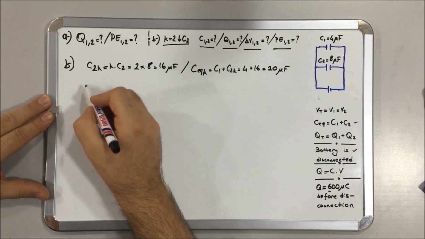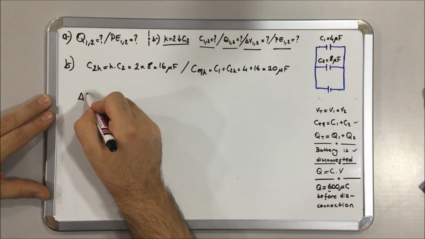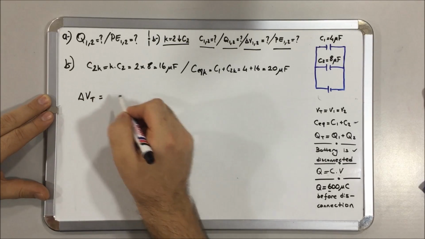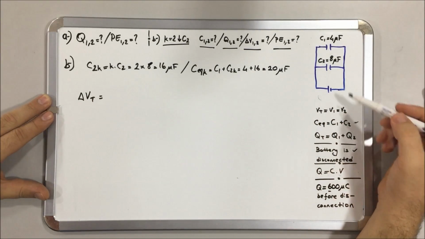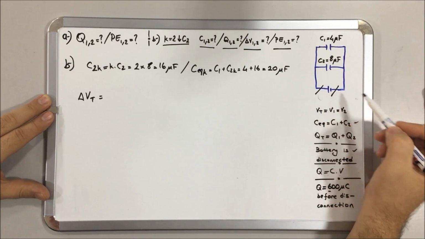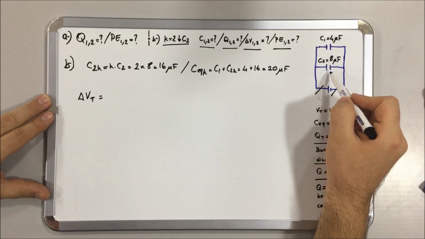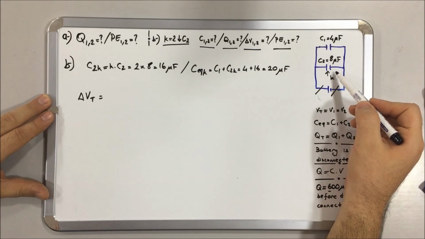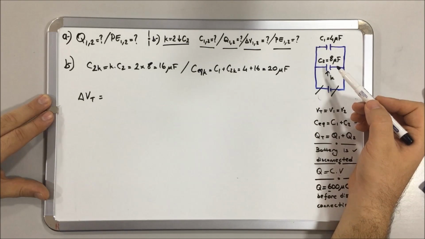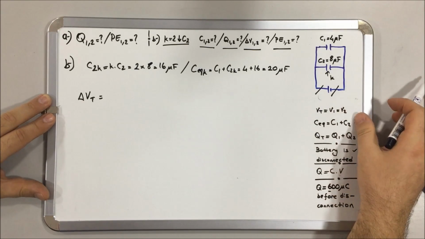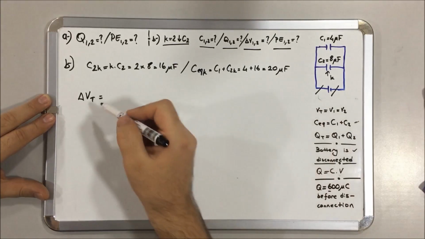And to calculate the potential difference, we need to calculate it again. Why? Because the battery is disconnected and we insert the dielectric. So its capacitance changes, that means the total capacitance changes. With the total capacitance change, the potential difference will change.